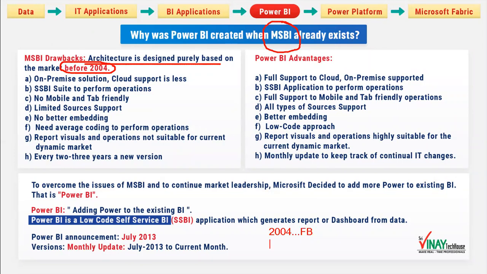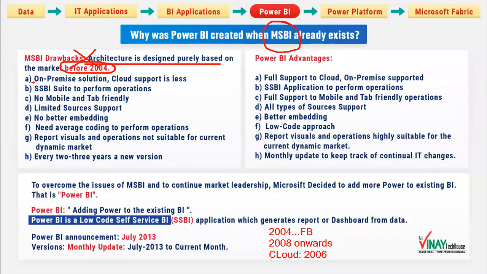And we are working with mobile and tab apps, more and more from 2008 onwards. And cloud has been highly available in the market from 2006. So there are many changes in IT after 2004. MSBI does not have that support. That is a major drawback.